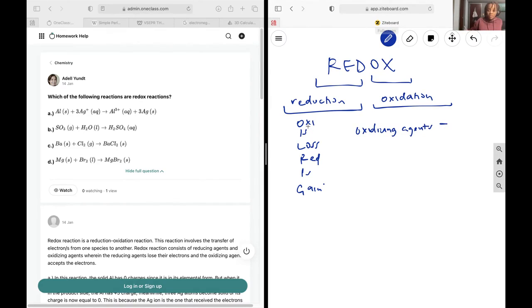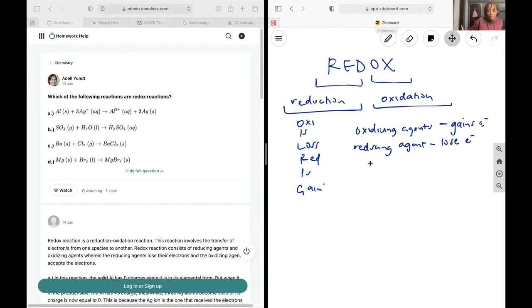That means it is responsible for another compound losing electrons, which means it must be gaining electrons itself, so it is reduced. So the oxidizing agent gains electrons, and the reducing agent is responsible for reducing another species, which means it is responsible for another species gaining electrons, which means itself it must lose those electrons.